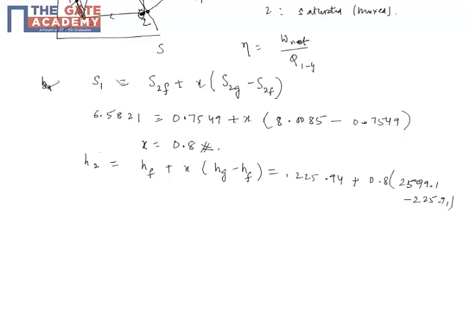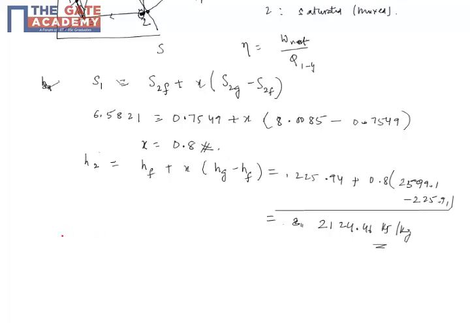With the help of this dryness fraction you get the enthalpy, and that value comes out to be 2124.46 kilojoules per kg. Everything is in kilojoules per kg. So once we got H2, that's okay.